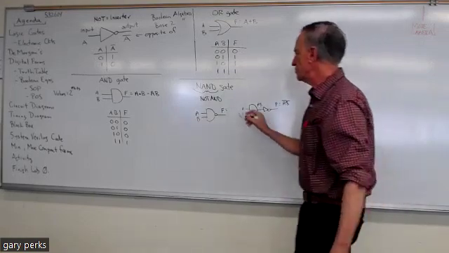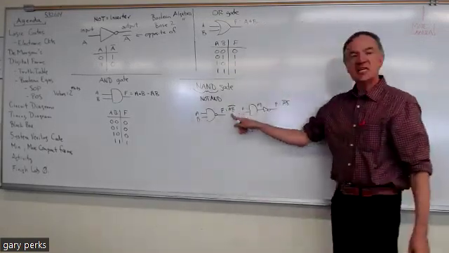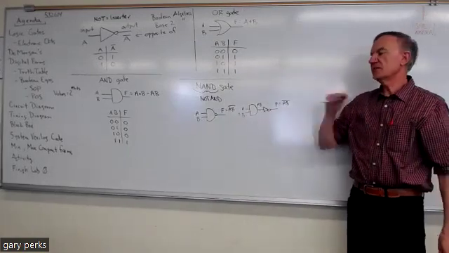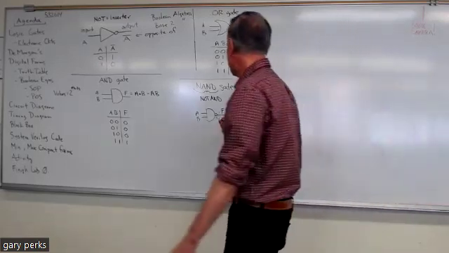Right, so you see that would be the Boolean expression for a NAND, right? A and B are ANDed together, and then the whole thing is NOTed.